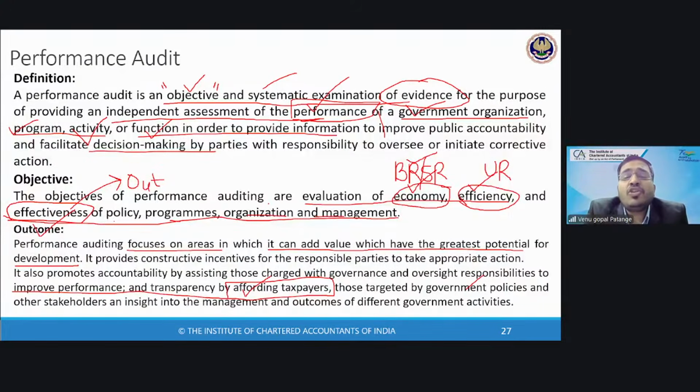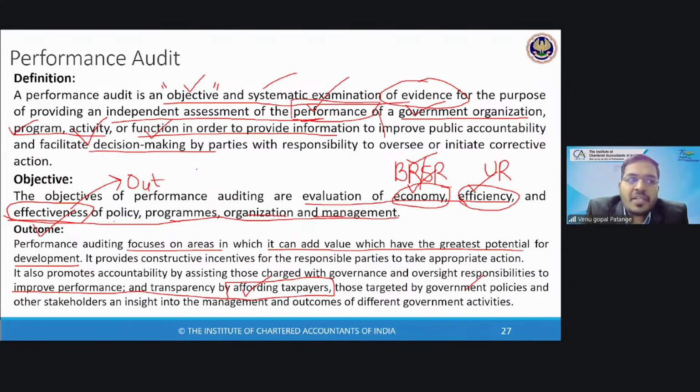So beyond financial audit, beyond compliance audit, you have performance audit. Here, it is beyond documentation, beyond law. You need to see why that party has taken that decision. Although it is under his purview, he has the authority, just having an authority doesn't allow you to make unnecessary expenditure.